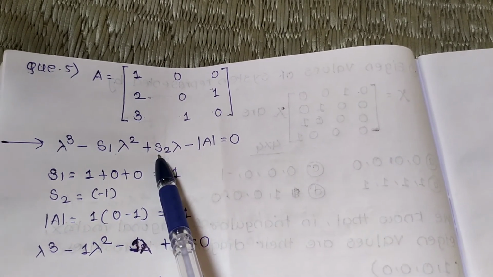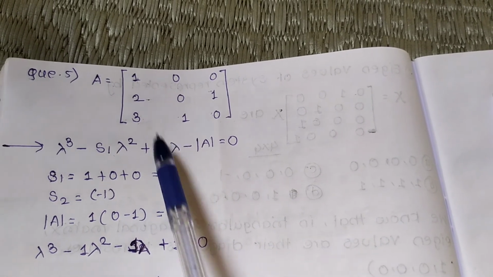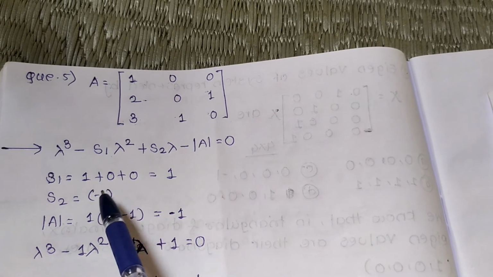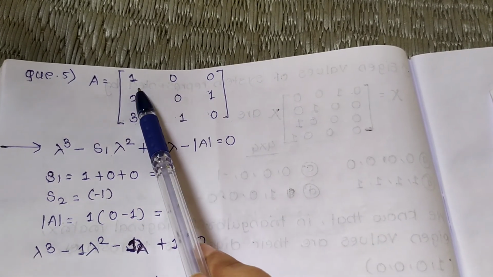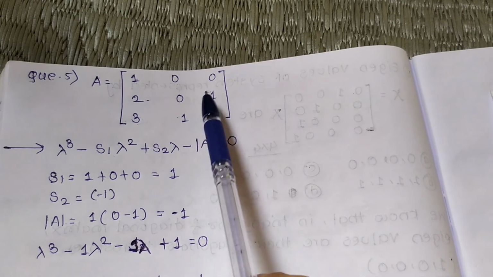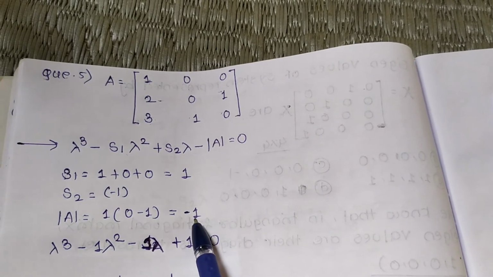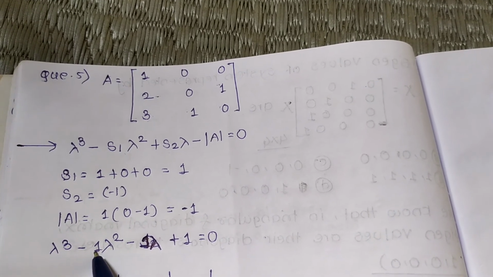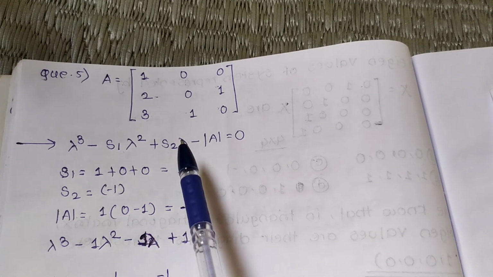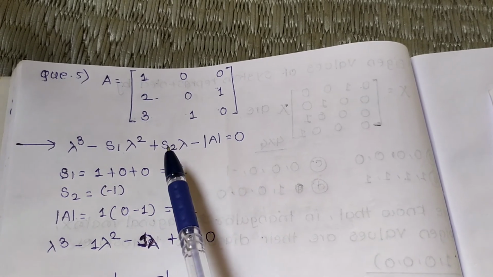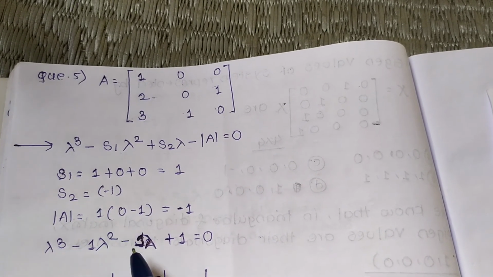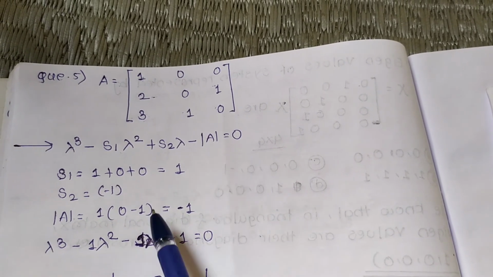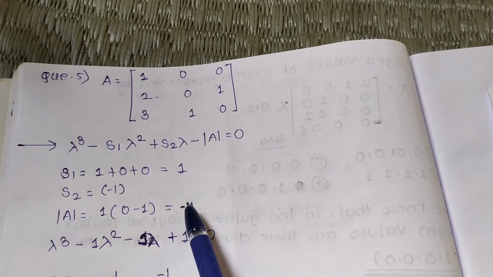S2 is the minors of diagonal elements, minus 1. Determinant of A is 1 into minus 1. Put all these values: lambda cube, S1 is 1 but with minus sign, S2 has positive sign but we get minus 1, hence minus 1 lambda, plus 1 because the determinant is minus 1, minus plus.